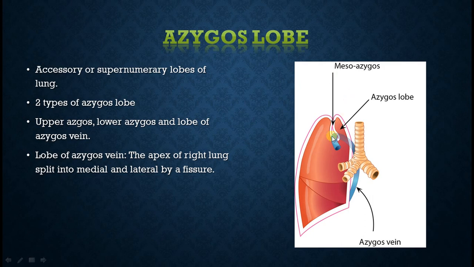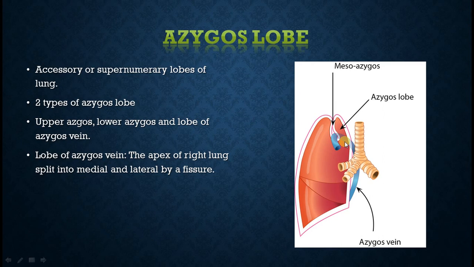So instead of the Azygos vein making an impression, it is getting deeply buried within the substance. That is because the bronchus grows more medially, and because of that the lobe of Azygos vein is formed.